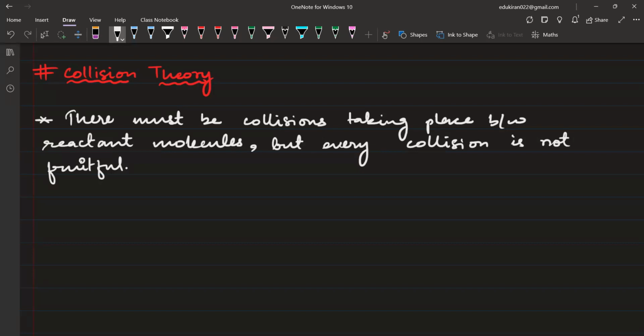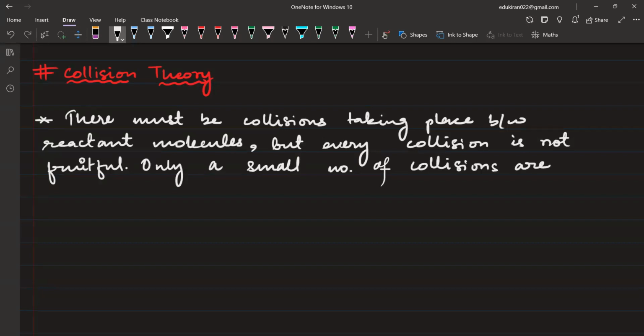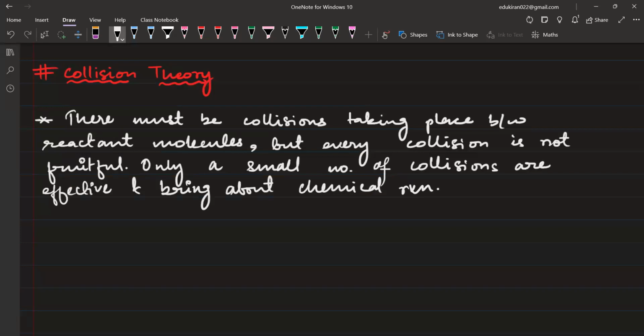Why? That we'll explain later. You'll write in the same point, next line, only a small number of collisions are effective and bring about chemical reaction.